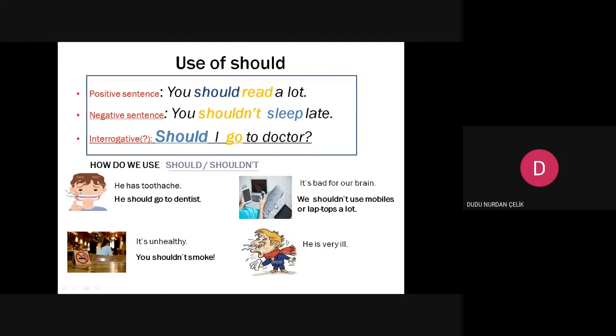And in this photograph, as most of us do, he has a laptop, iPad, and mobile all together. We're using technology a lot, but it's bad for our brain, for our health. So the advice can be we shouldn't use mobiles or laptops a lot. Very ill.